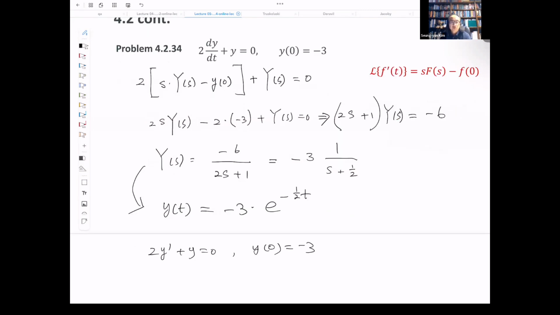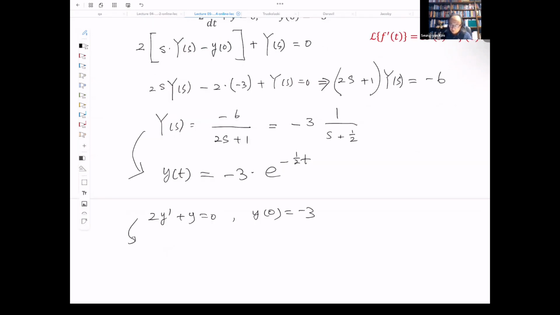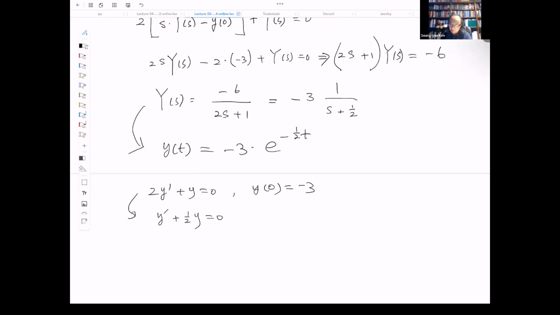Let's quickly review chapter 2. This is a first order differential equation. This is not standard form, so we're going to divide everywhere by 2: y prime plus 1 over 2 y equals 0. It's linear, with integrating factor e to the integral of 1 over 2, that is e to the 1 over 2 t.